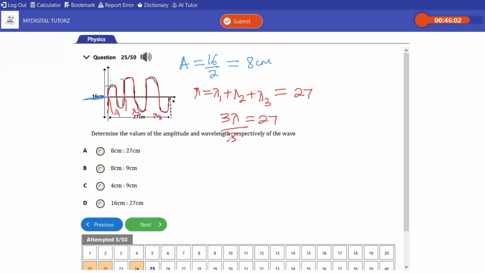So divide both sides by 3, I have lambda equal to 27 all over 3, which gives us 9 centimeter. So our correct option is any place we have 8 centimeter for the amplitude and 9 centimeter for the wavelength. I hope this is understood. In that case, the correct option here is option B.